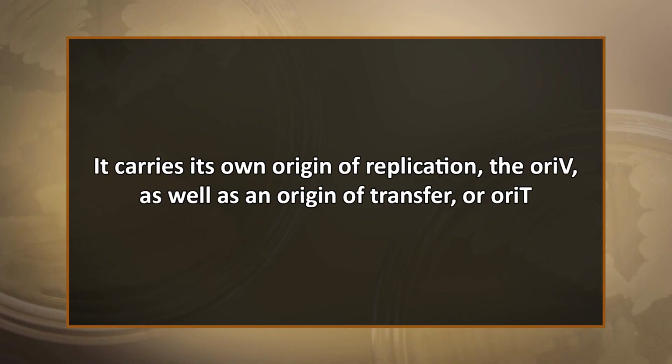Number 1, the autonomous state, in which it replicates independently of the host chromosome, and second, the integrated state, in which it is covalently inserted into the host chromosome and replicates along with the host chromosome, like any other set of chromosomal genes. It carries its own origin of replication, the ORIV, as well as an origin of transfer, or ORIT.